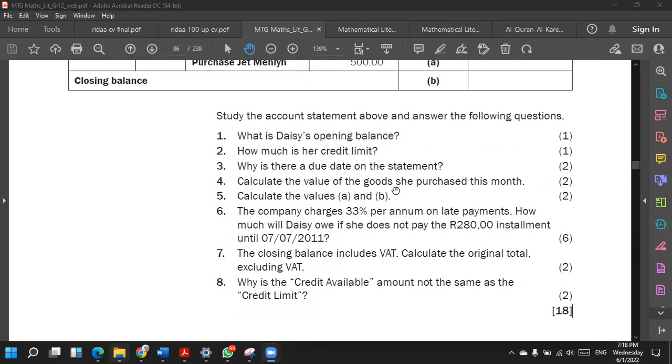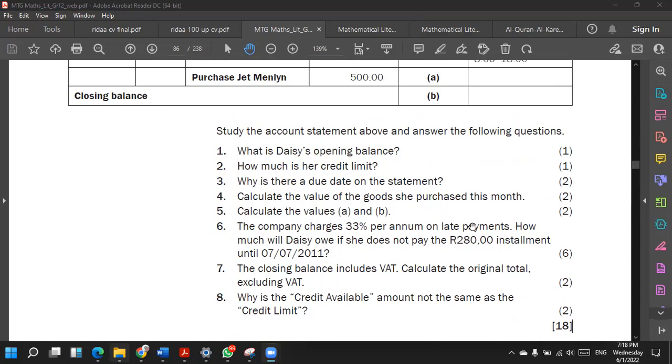The company charges 33% per annum on late payment. How much will Daisy owe if she does not pay the 280 installment until the 7th of July 2011?